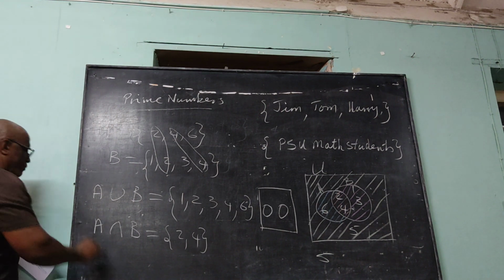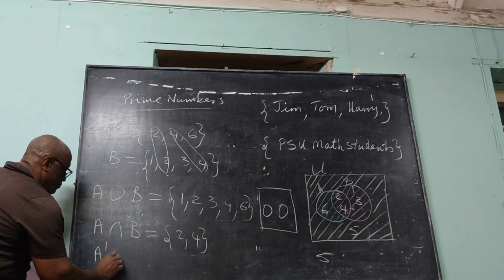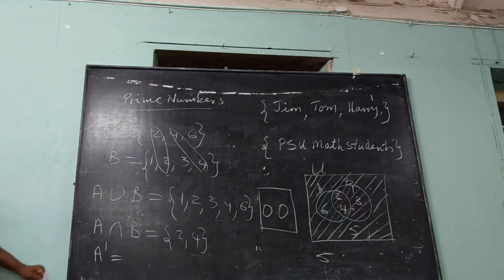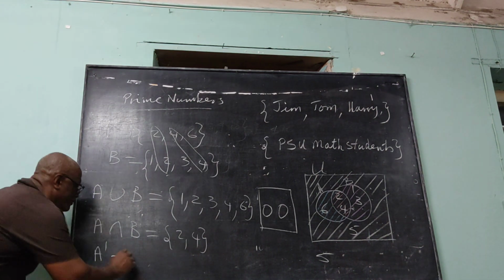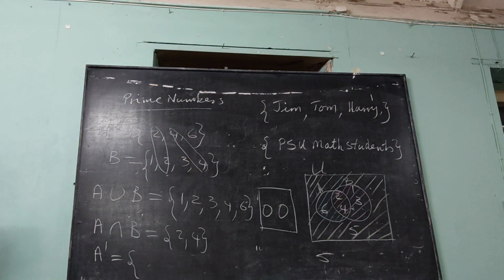And then we say A complement, all the members outside of A. You could look at the Venn diagram. 5. Is 5 alone outside of A? 1, 3, and 5 are in A complement. That means they are outside of A.